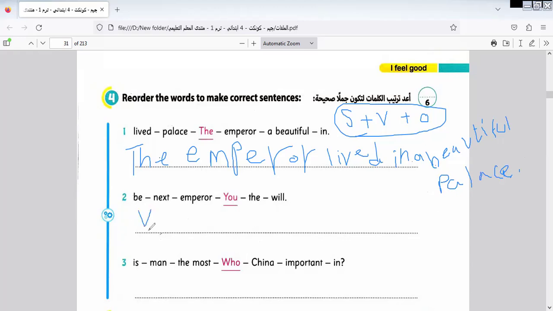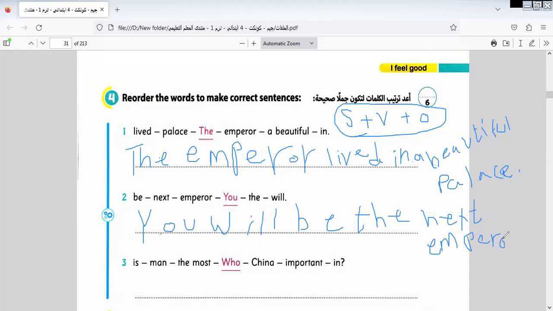So it will be: you will be the next emperor. And I put the full stop at the end of the sentence. I will leave the rest to do as homework.